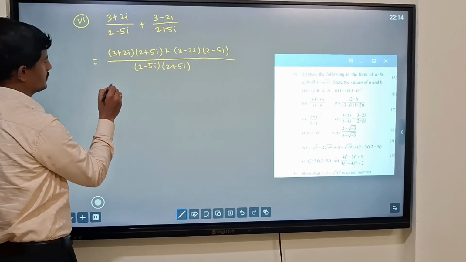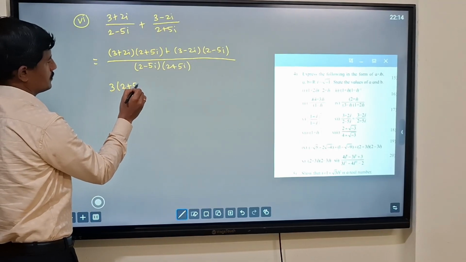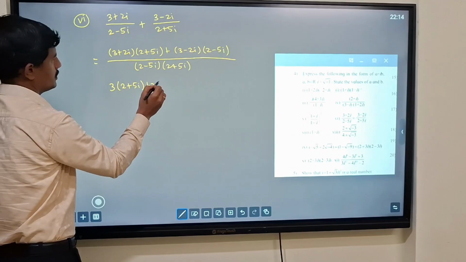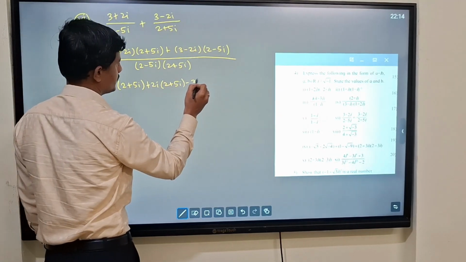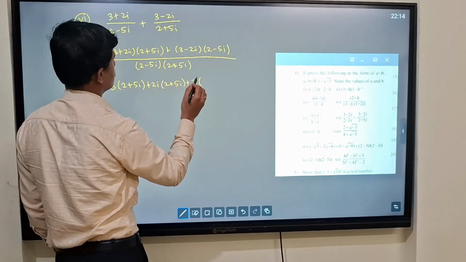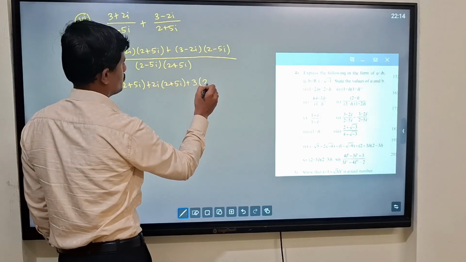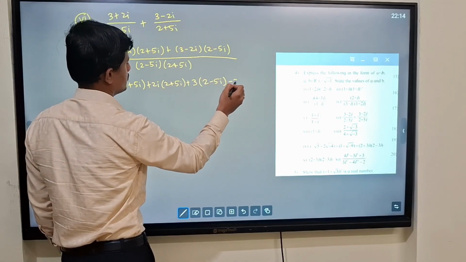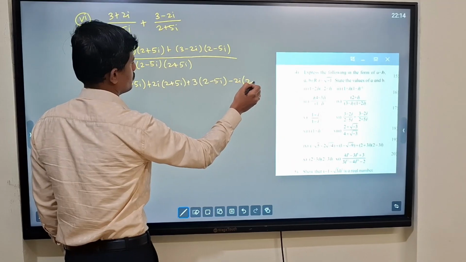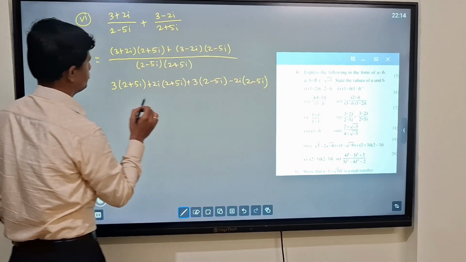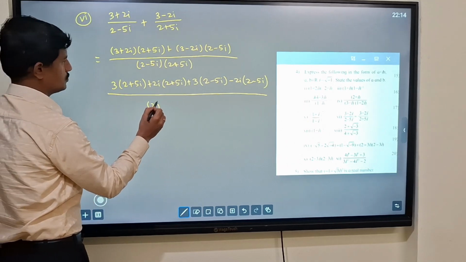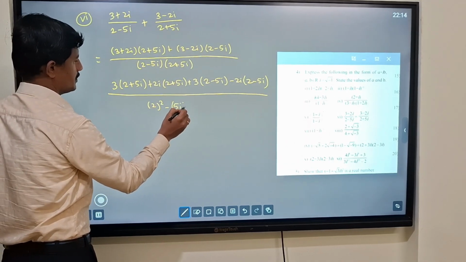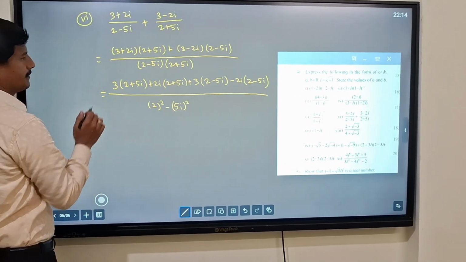By multiplication, 3 into (2 plus 5i) plus 2i into (2 plus 5i) plus 3 into (2 minus 5i) minus 2i into (2 minus 5i), upon, here, this is 2 square minus (5i) whole square.